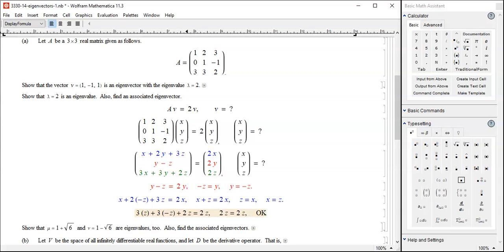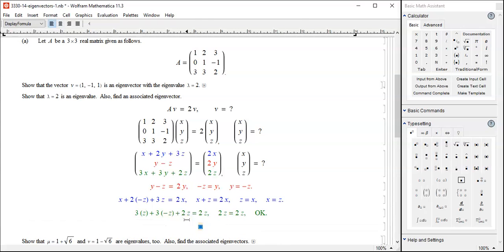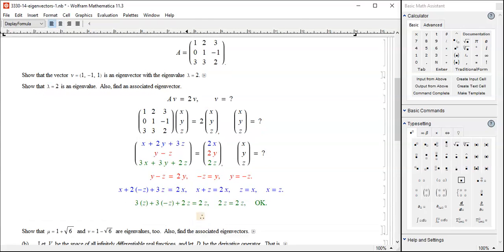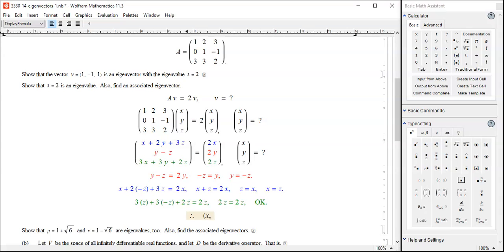Oh, that's okay. So this is always correct. Therefore, we get this: z, negative z, z. So here goes an eigenvector.